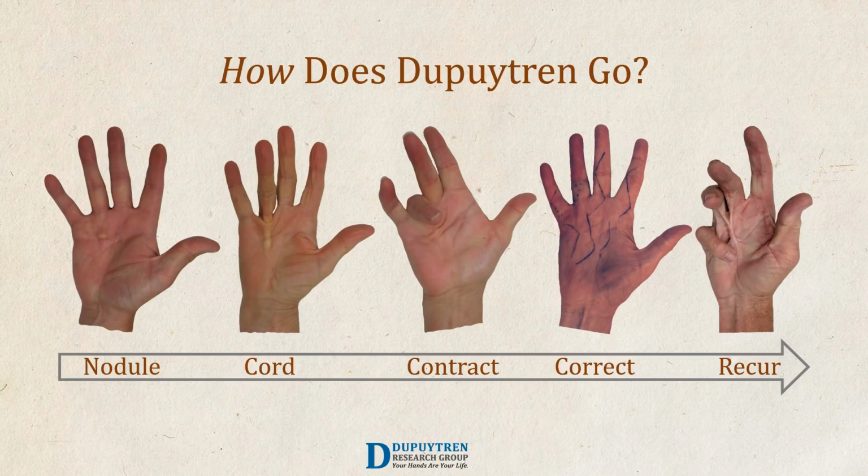People with cords may progress to having the cord shrink and develop a contracture. People with contractures may decide that it's bad enough that they need to have some kind of treatment to correct the contracture, and then once the contracture has been corrected, people may go on to develop a recurrence or recontracture.